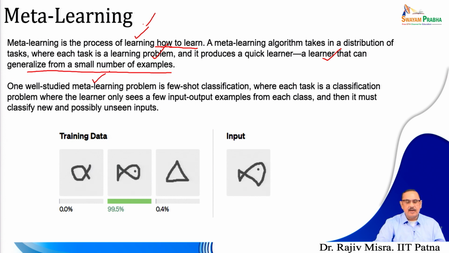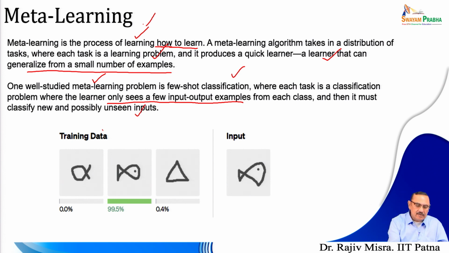One studied meta learning problem is few shot classification, where each task is a classification problem, where the learner only sees a few input output examples from each class, and then it must classify new and possibly unseen inputs.